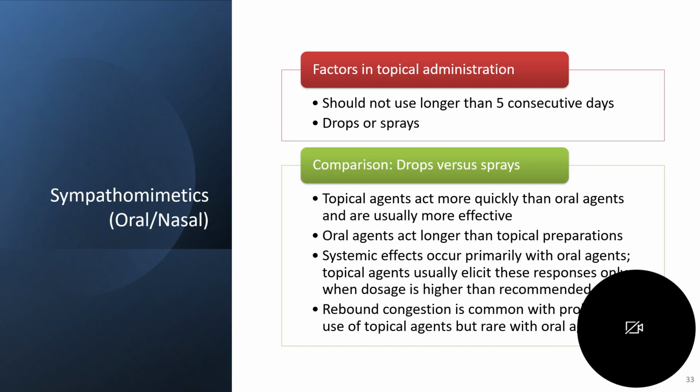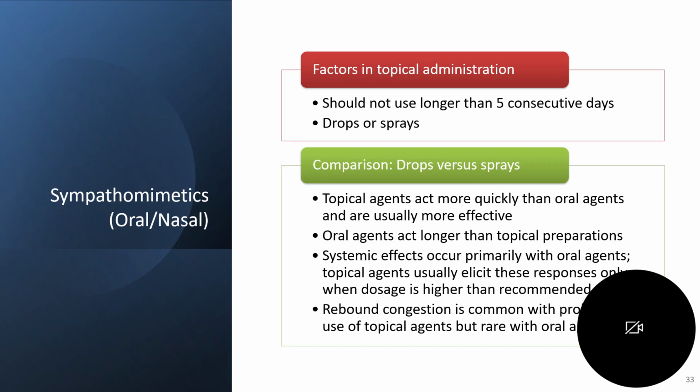For the drops versus sprays, the topical agents generally act more quickly than orally, and usually more effective, but the oral agents do act longer, so you would need to take the topical more frequently. And then systemic effects usually come from oral, so to avoid those, we make sure we don't give people too high of doses or try to go the topical route.